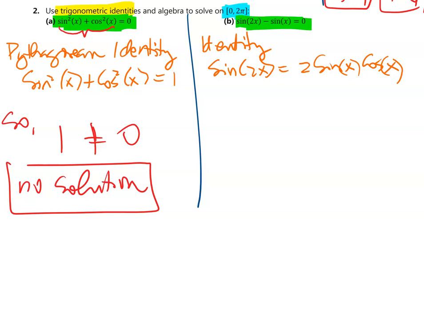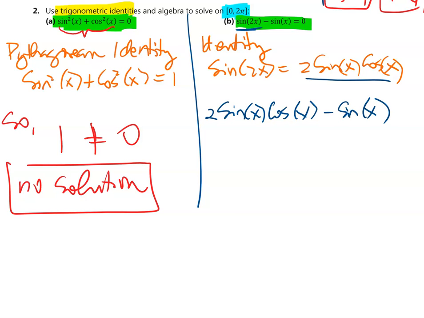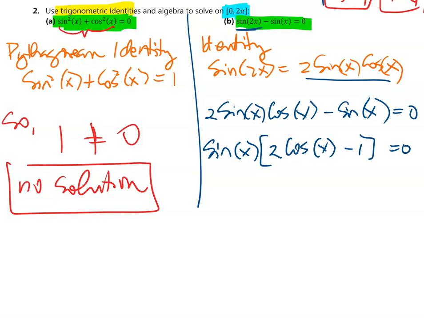So sine 2x here, replace it with this. So 2 sine x cosine x minus sine x is equal to 0. We can factor out sine x here. So we have here 2 cosine of x minus 1 is equal to 0.